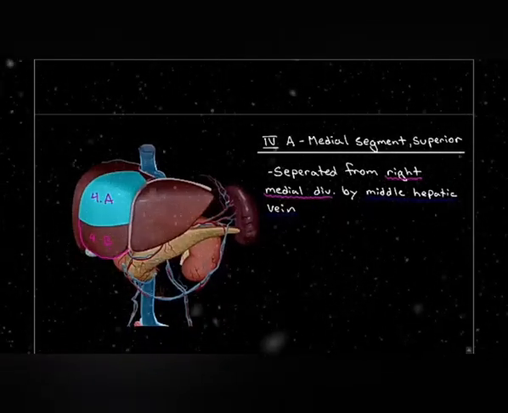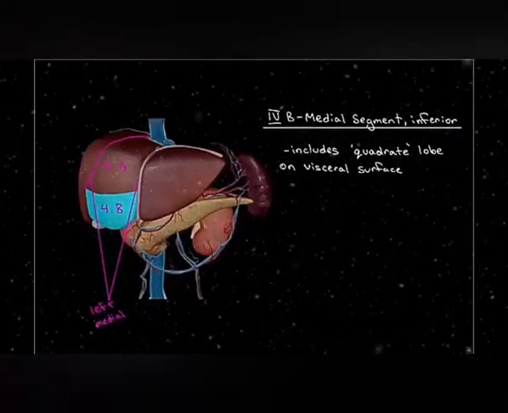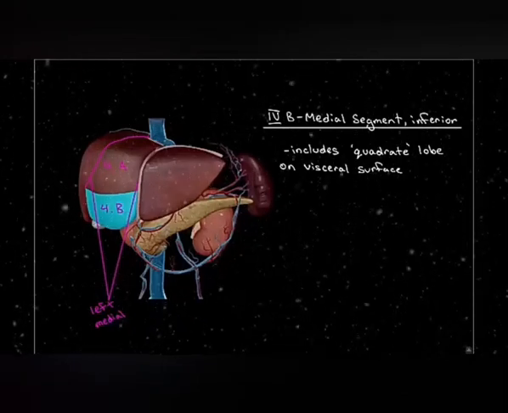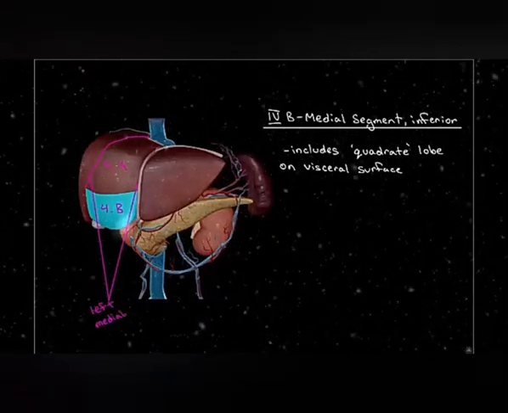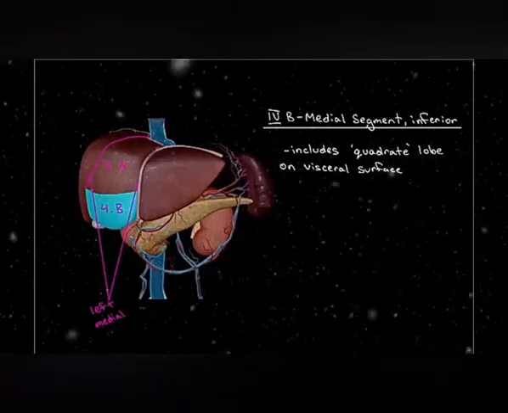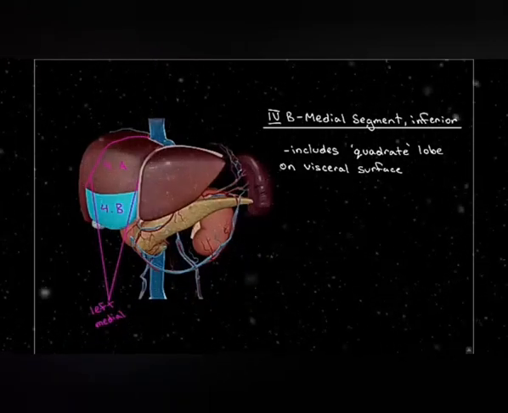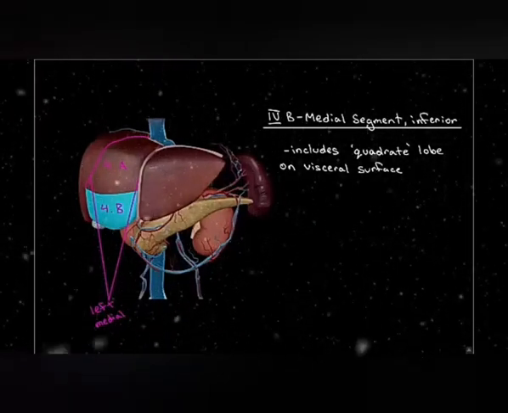And also segments 4A and 4B drain their blood into the middle hepatic vein. And highlighted below it is segment 4B. It has the same venous drainage, but one thing to mention is that it includes the quadrate lobe on its visceral surface.